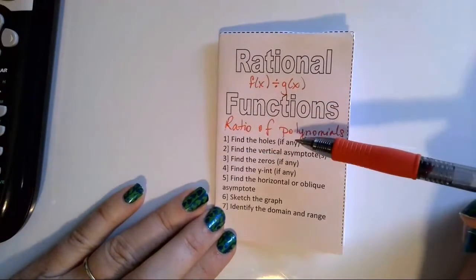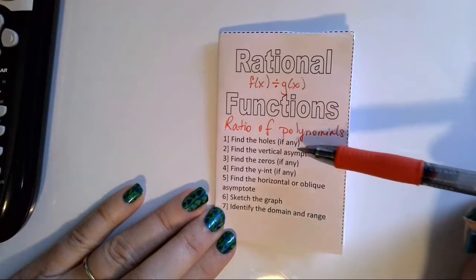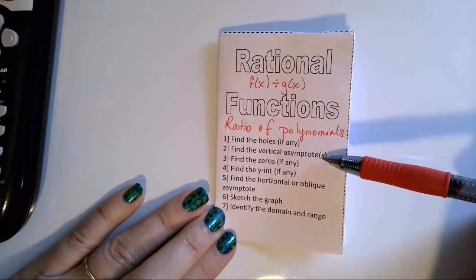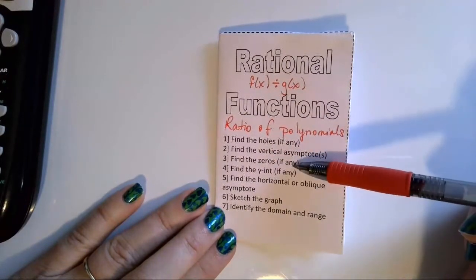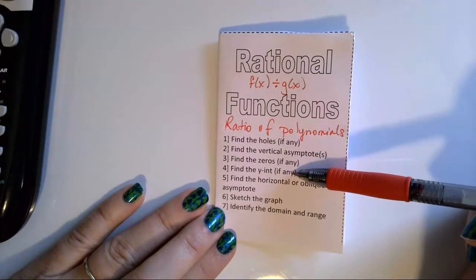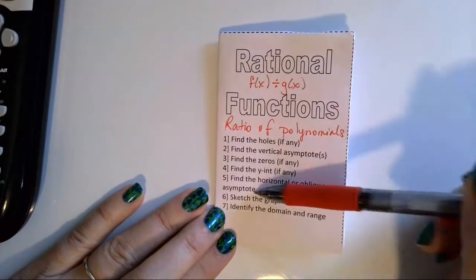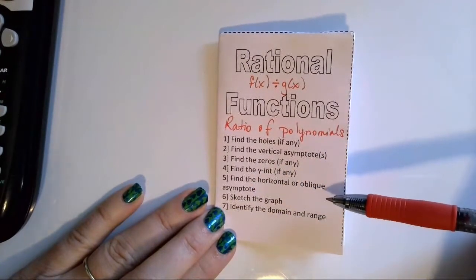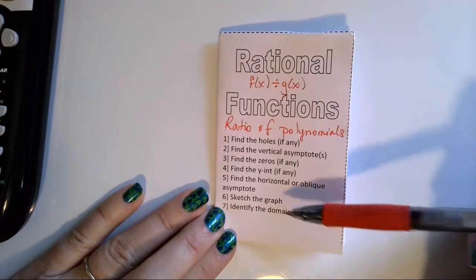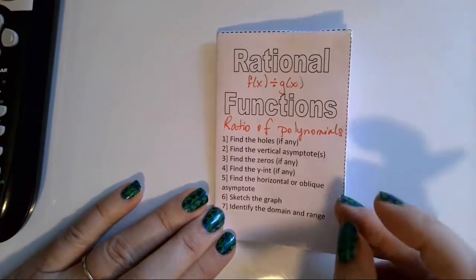So first step is to find the holes, if any exist. Second step, to find the vertical asymptote. Then we're going to look for the zeros, if any. We're going to find the y-intercept, if that exists. Then we're going to look for a horizontal or oblique asymptote. It's either one or the other. And then sketch the graph and identify the domain and range.